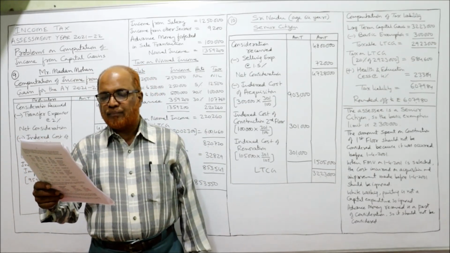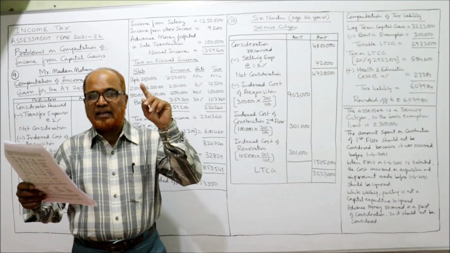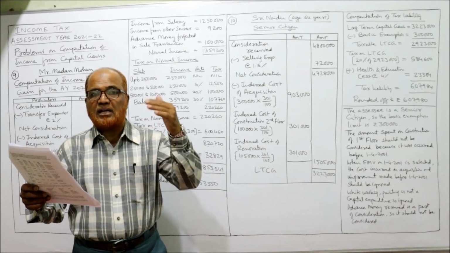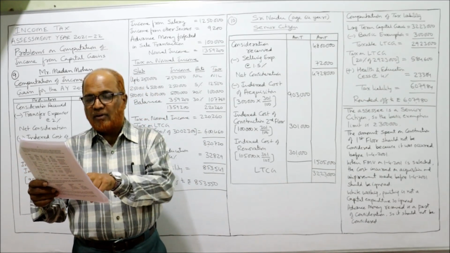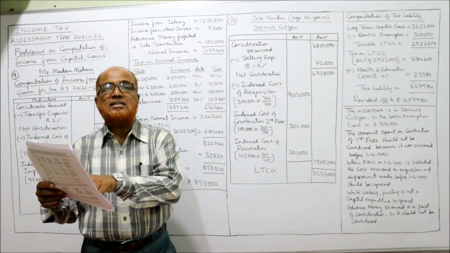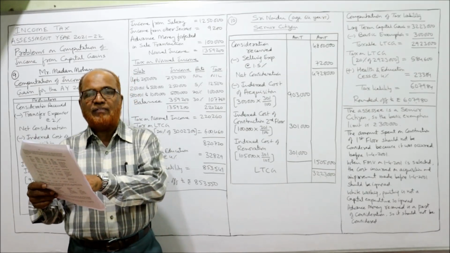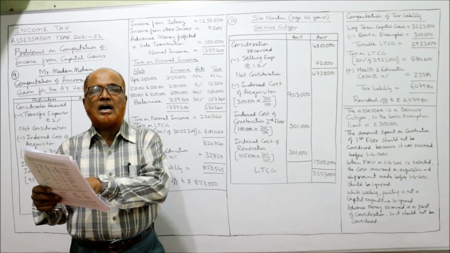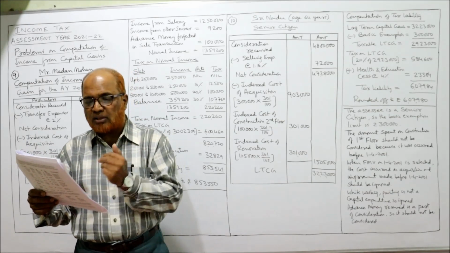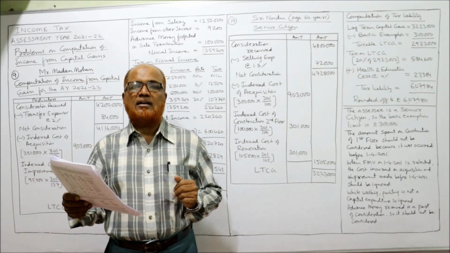After purchasing the house in 1972, he constructed the first floor in 1998-99 for rupees 75,000. And there is no CII. Cost inflation index was not there in 1998-99.